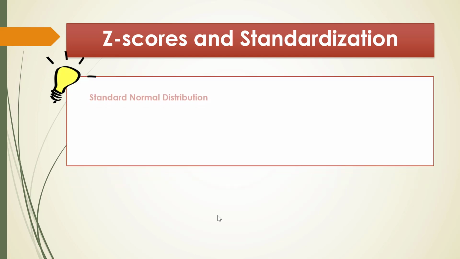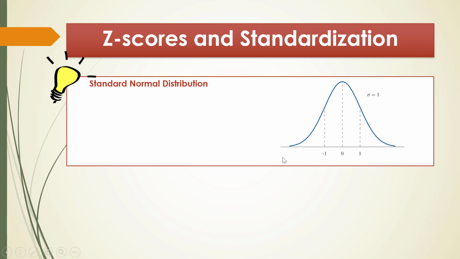So a normal curve with two parameters, location 0 and scale sigma equal to 1, is said to be the standard normal distribution, the standard normal curve. Let's look at this standard normal curve. For the standard normal curve, the center is 0, and the scale parameter sigma is 1.